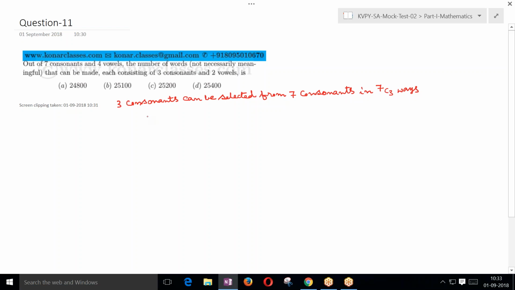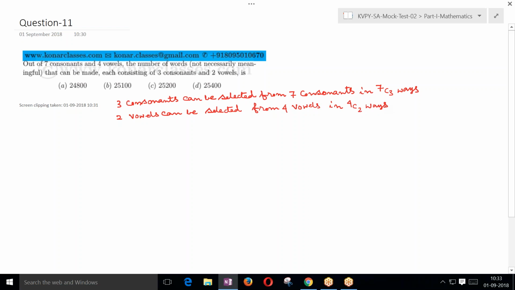And how many vowels are there? 4 vowels, and out of that we need to select 2 vowels. So 2 vowels can be selected from 4 vowels in 4C2 ways.